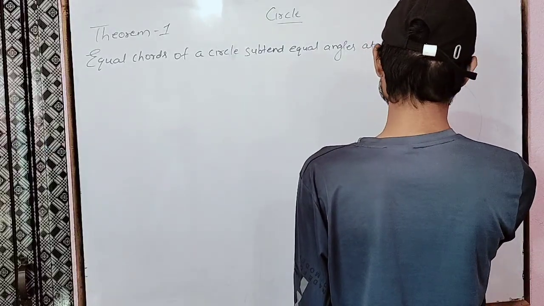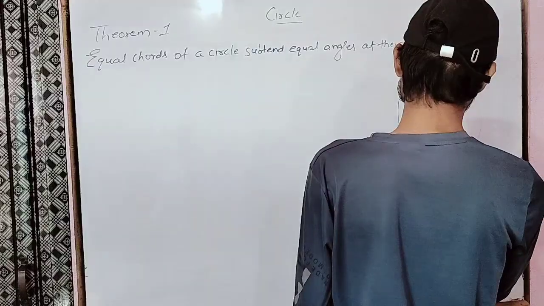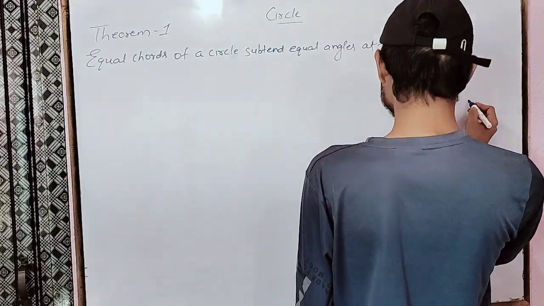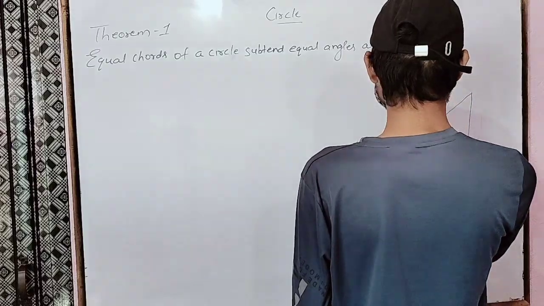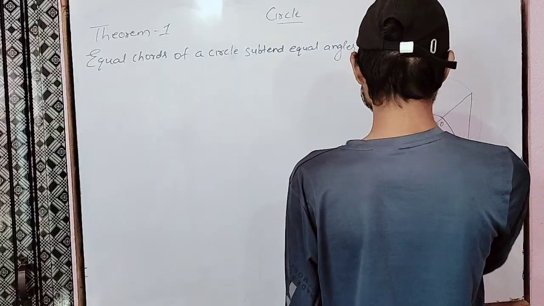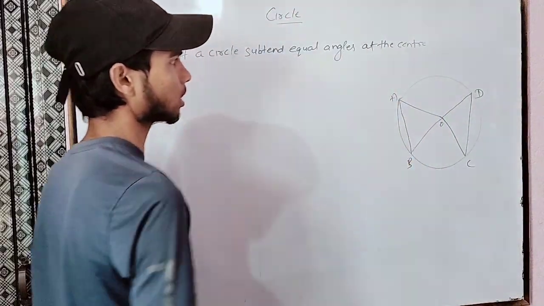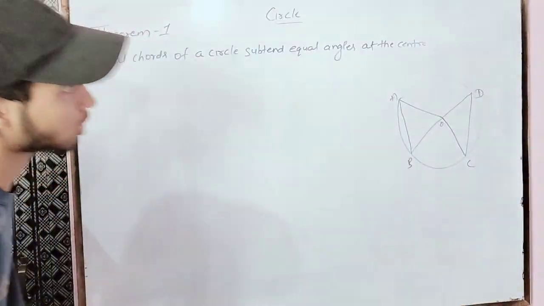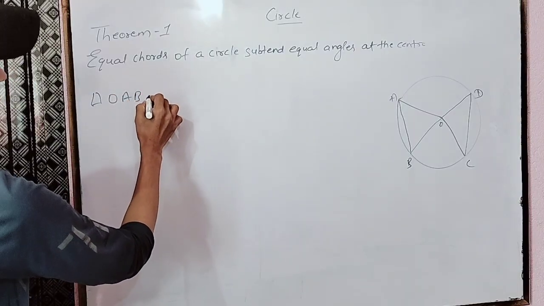In this circle we have two triangles. One is OAB and the second is OCD.